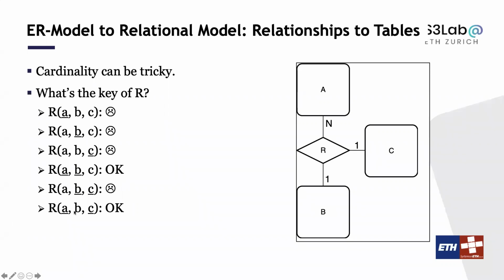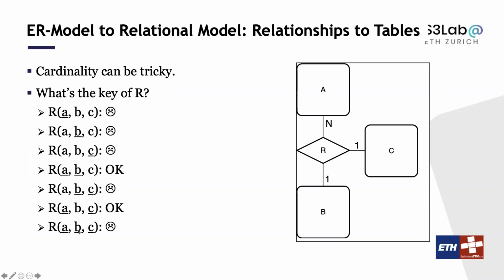So here A and B is a candidate key, and A and C is a candidate key. Whenever you pick one as the primary key, if you do not specify the candidate key, you are going to lose that information. But again, this is a valid translation.